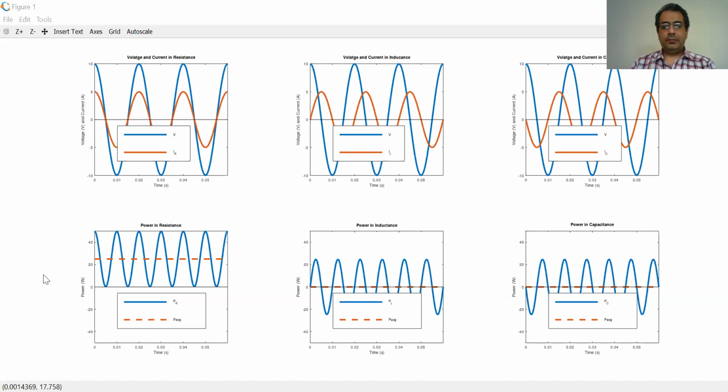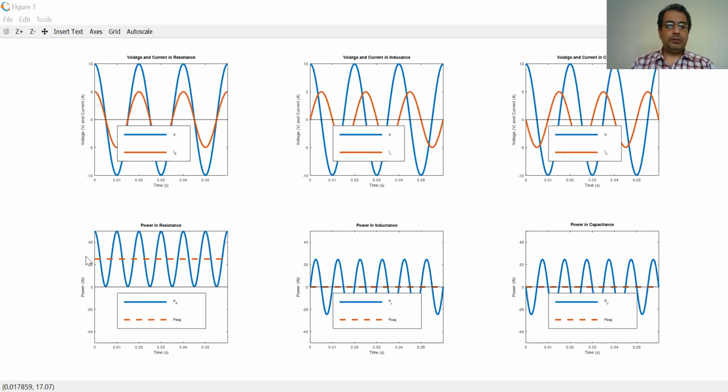Now, the bottom row shows the power for each of these conditions. If you look at the power row and the very left image, which is for the resistance, you will see the power is always positive. It goes from the maximum value to zero and goes back to maximum, back to zero.